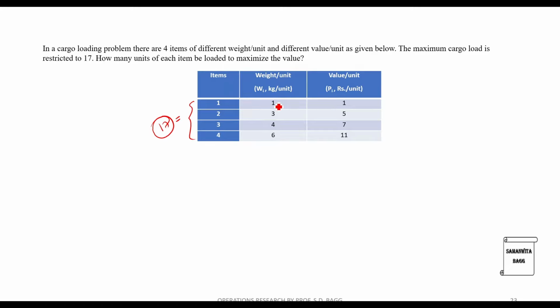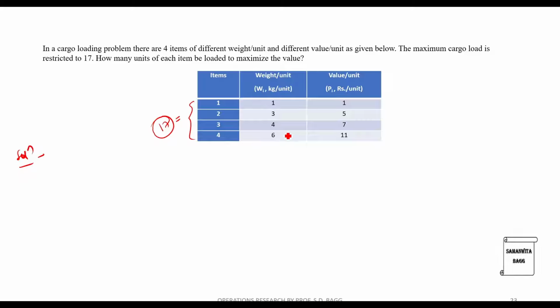For item 1 it is 1, for 2 it is 3, for 3 it is 4 and for 4 it is 6. The value per unit of each item in rupees per unit is also given. For item 1 it is 1, 2 it is 5, 3 it is 7 and 4 it is 11. So we will see how to solve this problem.